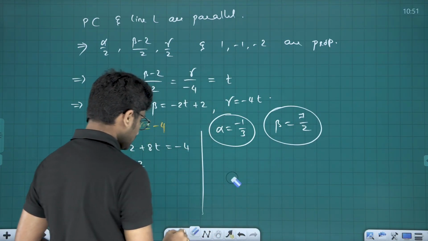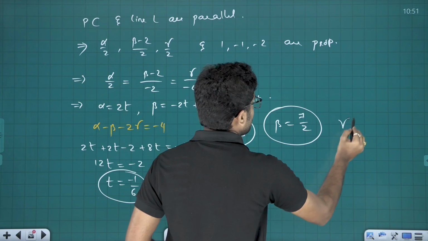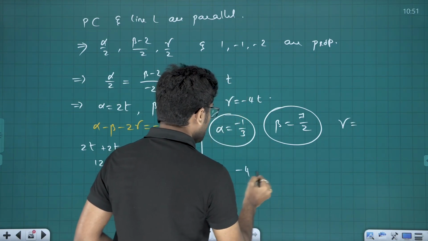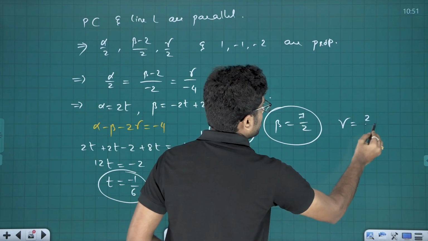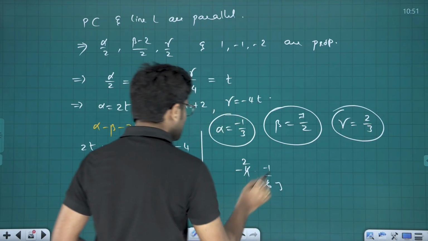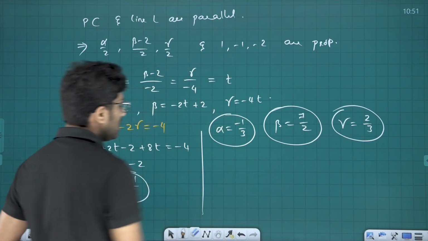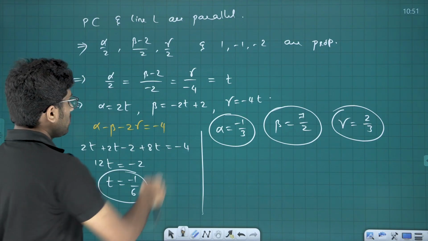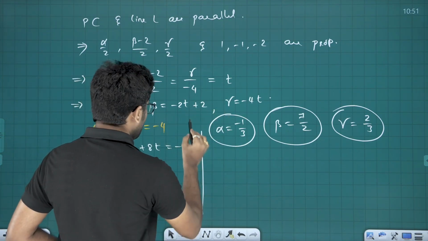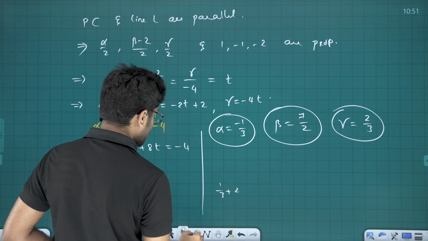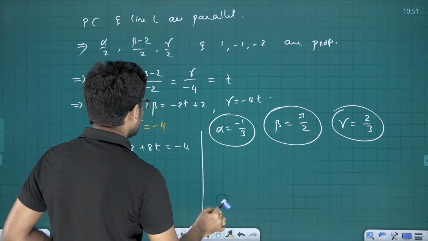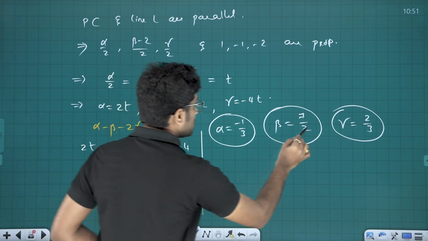Next, gamma is equals to minus 4T, minus 4 into minus 1 by 6, that is 2 by 3 friends. So these are the values of alpha, beta, gamma we got.